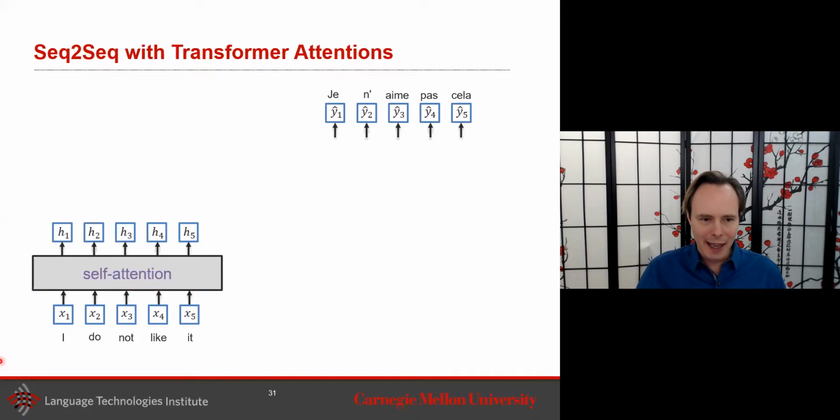So for the input here, it's easy. It's a self-attention. I can use that self-attention that I told you about, and take it to project all of these words and contextualize them.